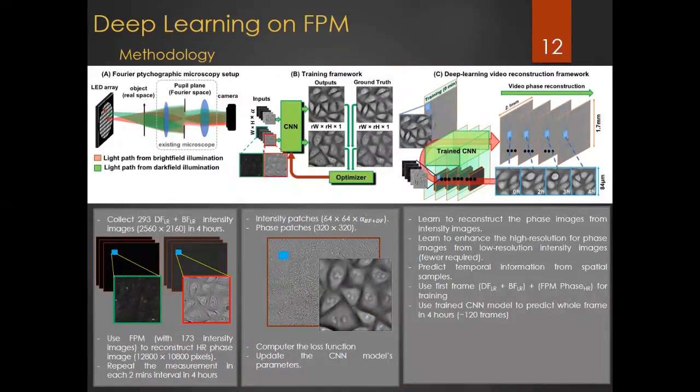The camera collects the bright field and dark field images with a very high field of view. This one contains about 3,000 cells, bright field and dark field, and I randomly crop very small areas, put them into the convolutional neural network model, and train it.